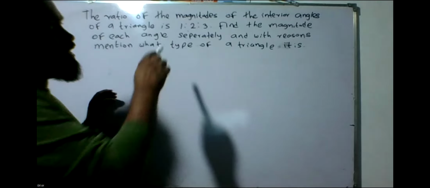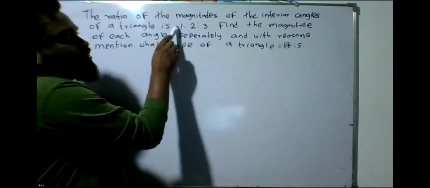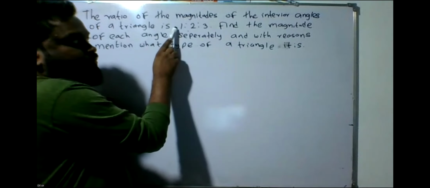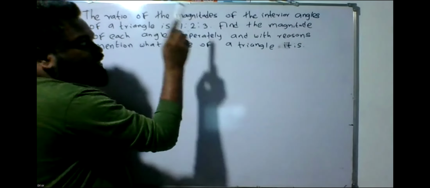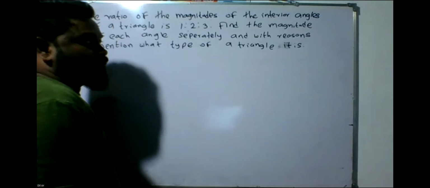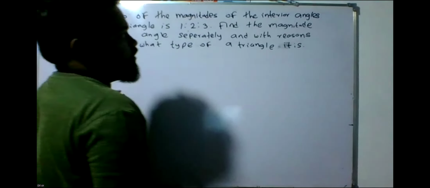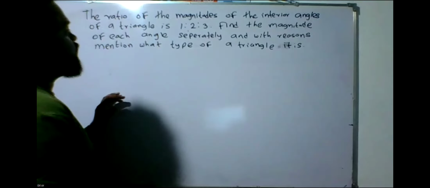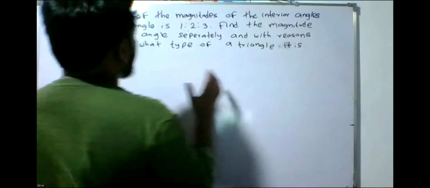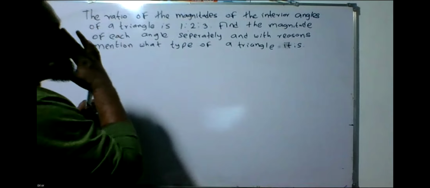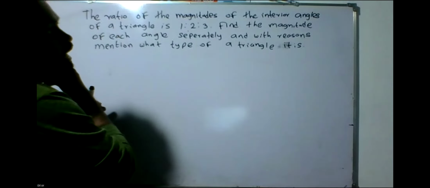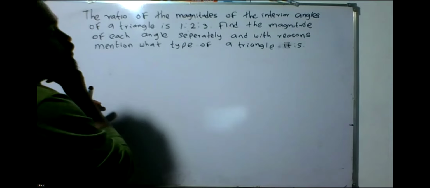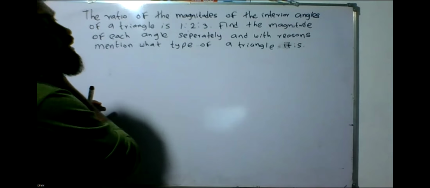We know that the smallest angle is represented by 1. The second one is 2, the middle size one. The third is the largest one, represented by 3. Find the magnitude of each angle separately and with reasons mention what type of triangle it is.